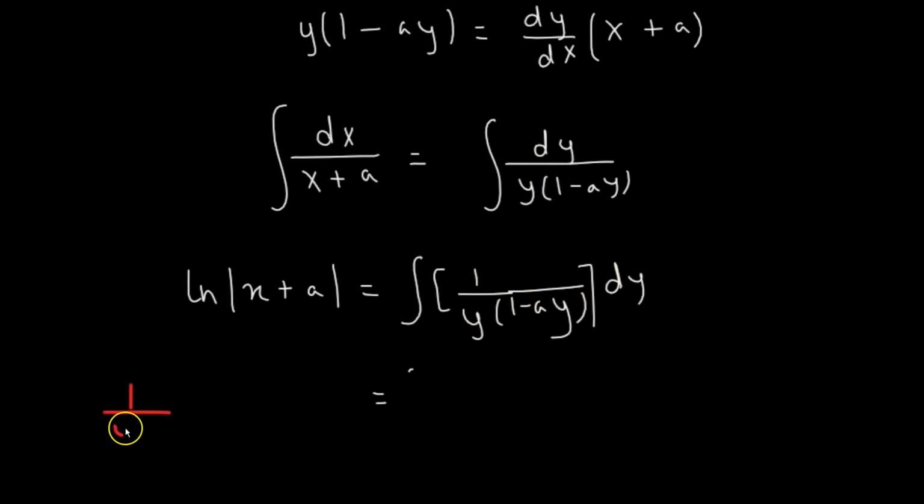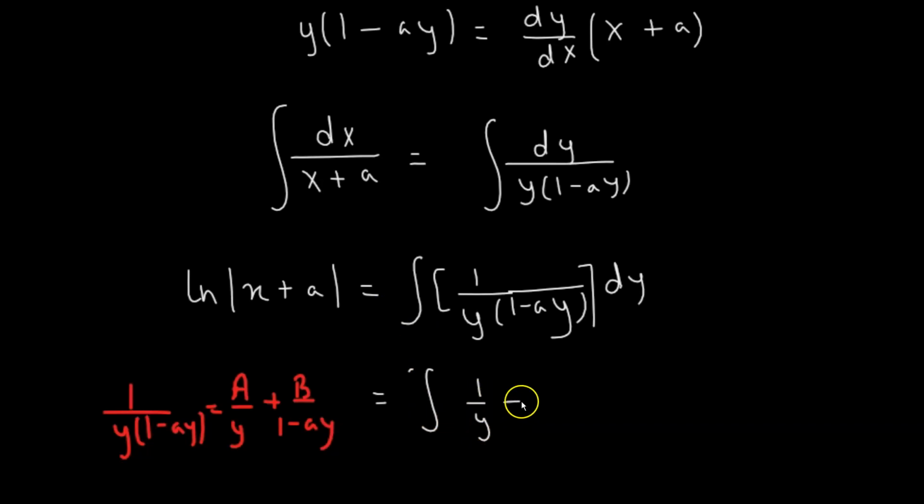The function 1 over y times 1 minus ay can be written as A over y plus B over 1 minus ay, and all you need to do is find out the values of A and B. So I'll straight away write out the results. That would be the integration of 1 over y plus a divided by 1 minus ay, dy.